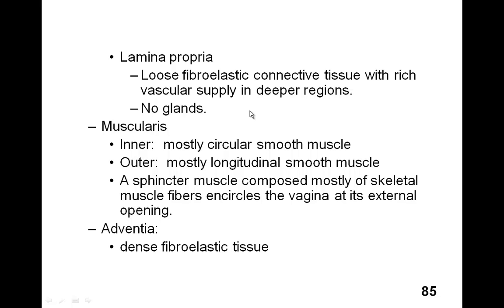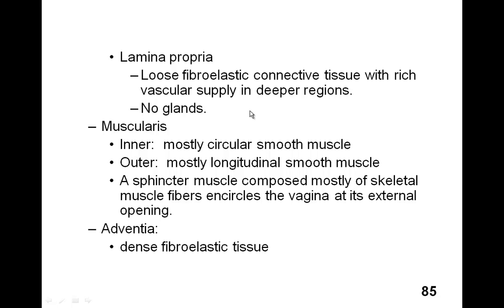Lamina propria, again, not that remarkable, loose connective tissue. We will not find any glands in the mucosa of the vagina. Muscularis, again, there's two layers of muscle.